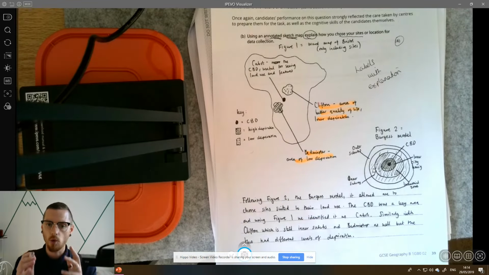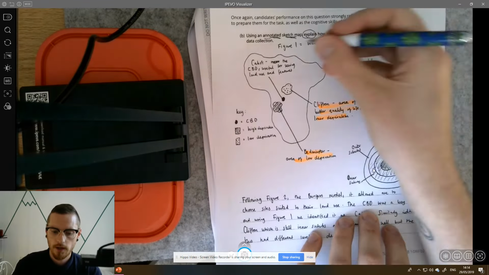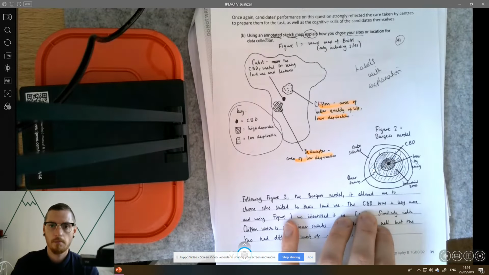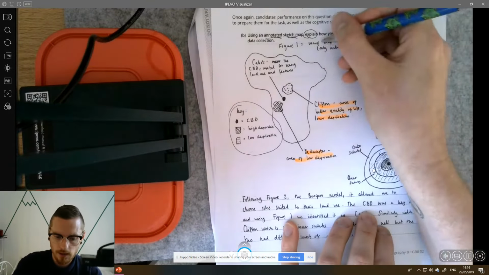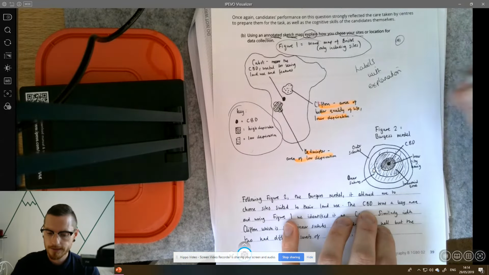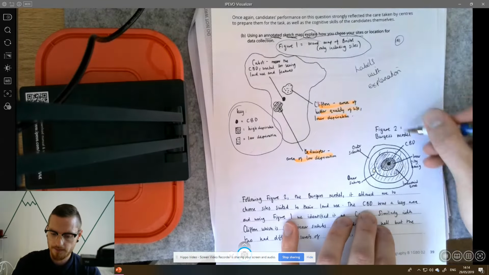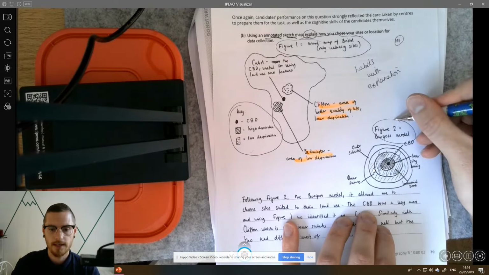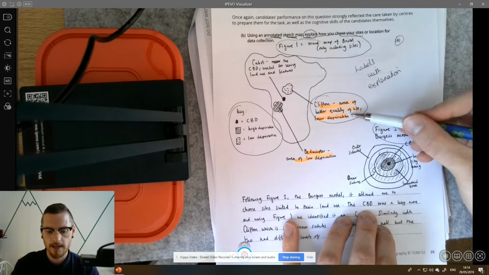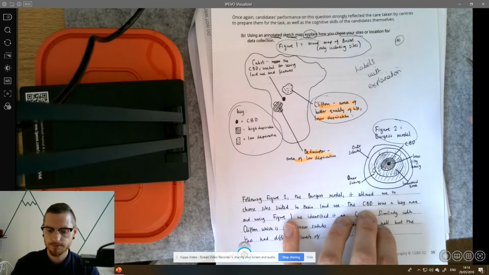What I would like us all to do if you get a similar question like this, you should use a key. Make sure you do that. I would like you to include a title. Make sure you do that as well. And you can see they've titled this figure and they've titled this figure here. Make sure you use annotations, so that is labels with explanation.